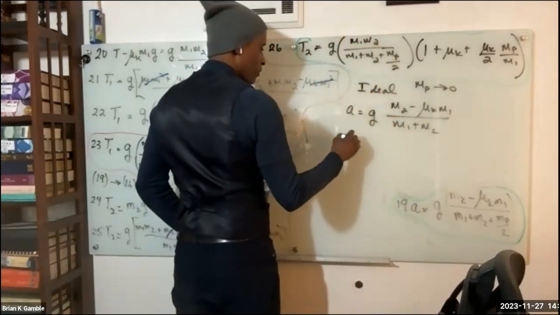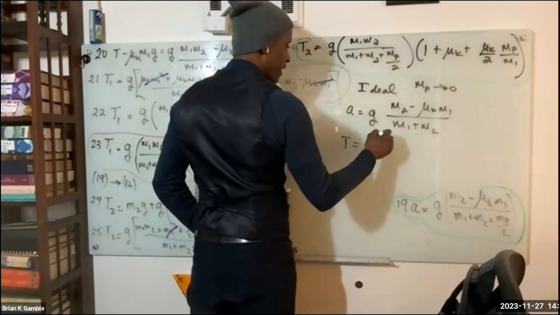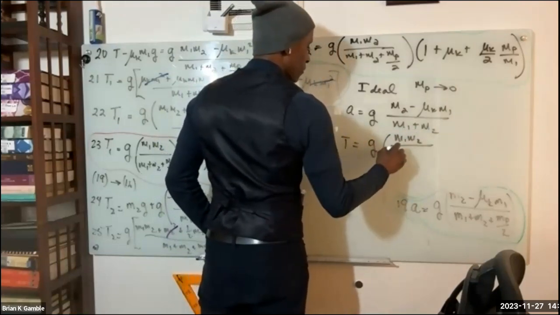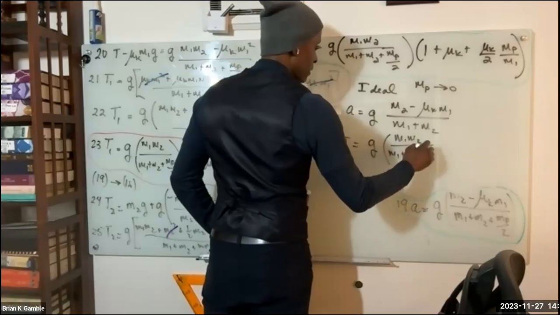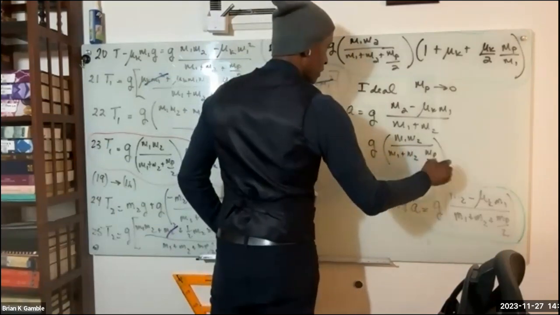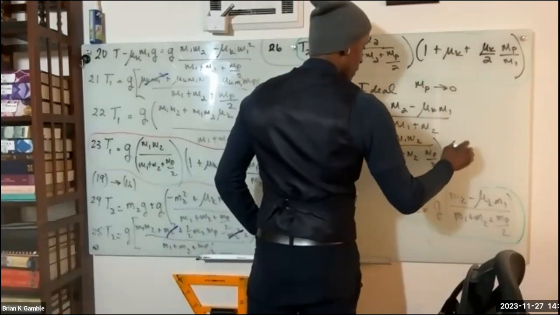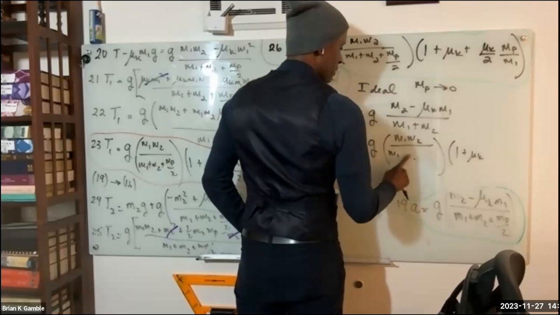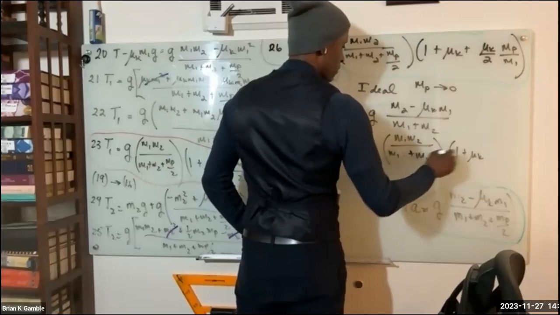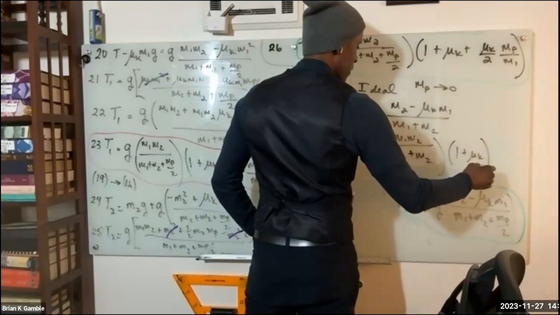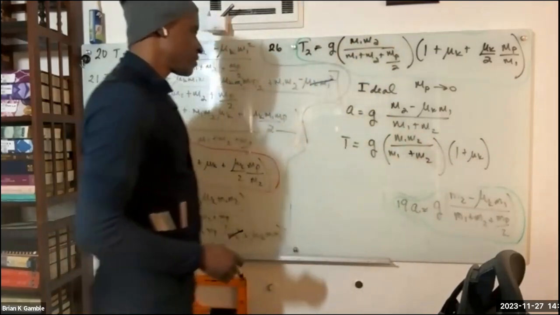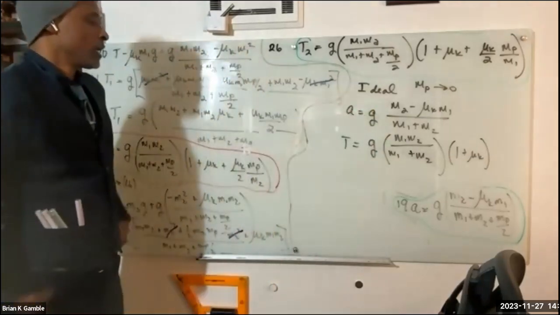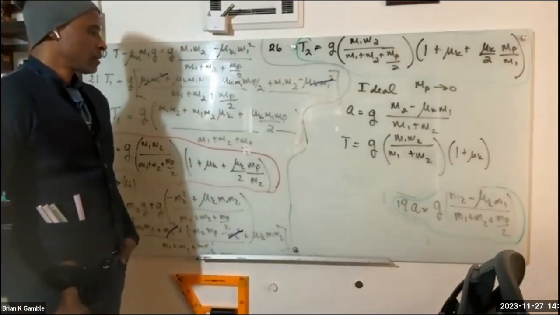And up here, the tension force is going to be equal to G times M1 M2 over M1 plus M2 plus MP over 2, and then times a quantity 1 plus mu k. So no, this is 0. So this is just M1 plus M2, and then times 1 plus mu k. You can check back in your solutions and see that those were the solutions that we got whenever we had the ideal pulley.